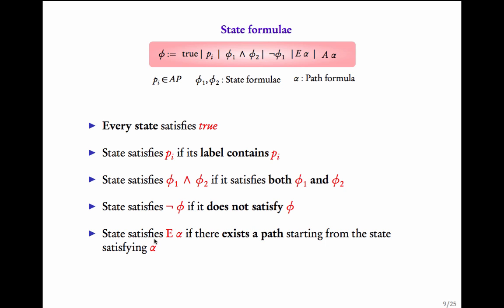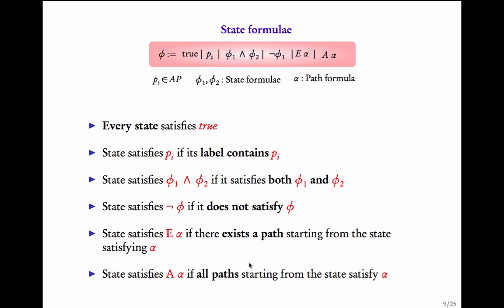A state satisfies E alpha if there exists a path starting from the state which satisfies alpha. I mean, the path starting from the state should satisfy alpha. We have seen this before. Similarly, a state satisfies A alpha if all paths starting from that state satisfy alpha.